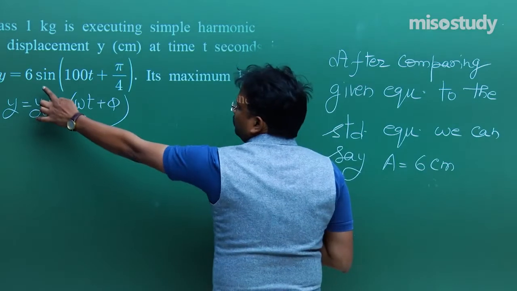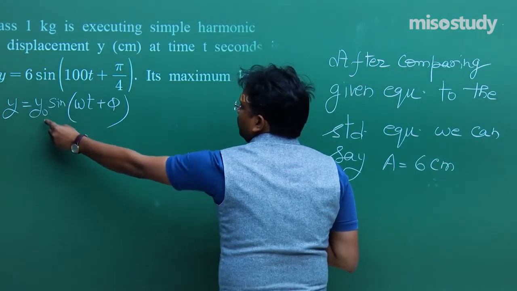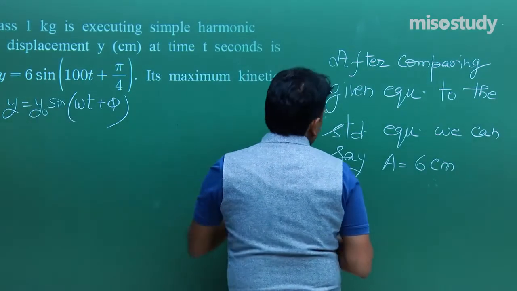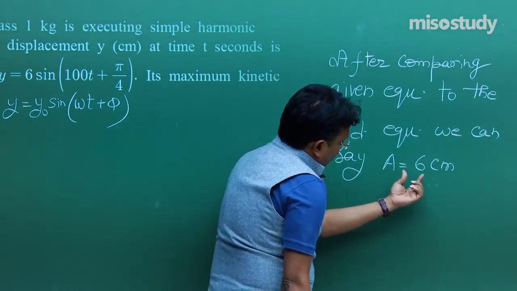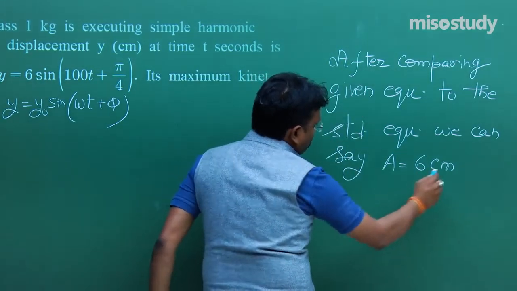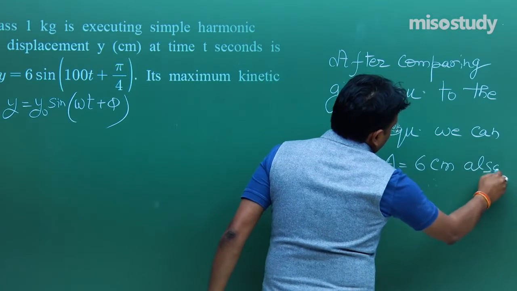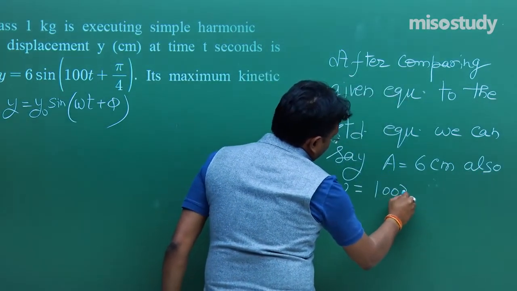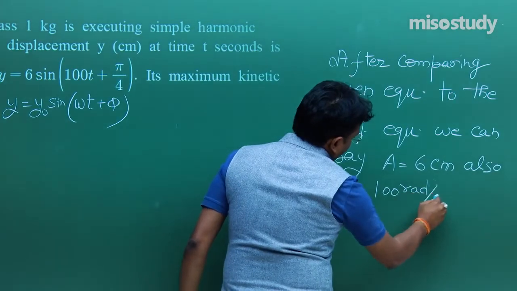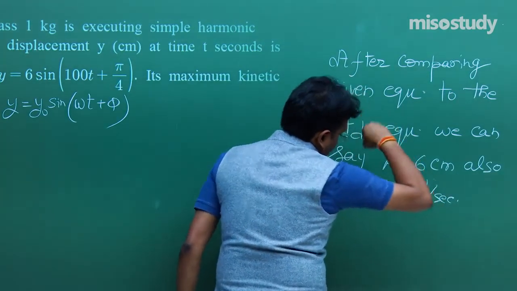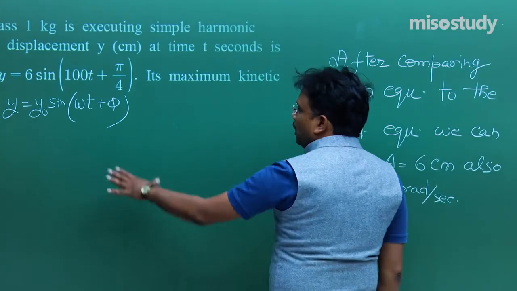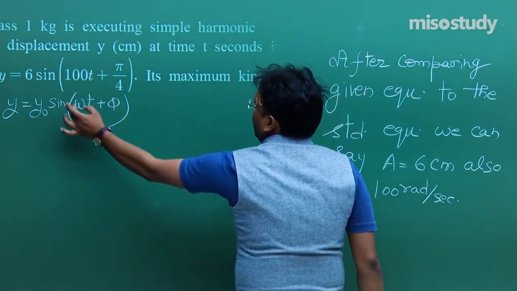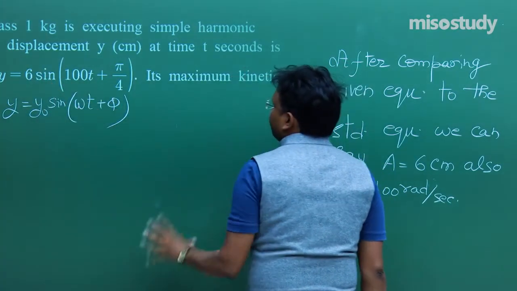A means this amplitude which I mentioned as y naught in general terms, fine. So, A is equal to 6 centimeter. Also, omega is equal to 100 radian per second, fine. Now, this is 100, this is 6.